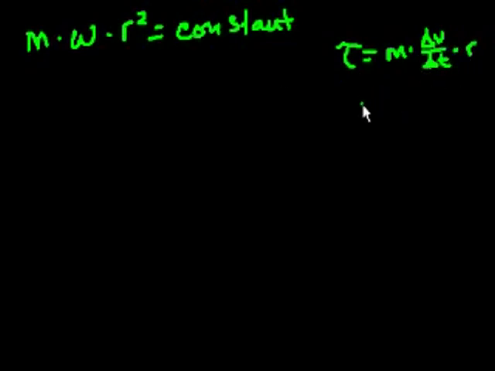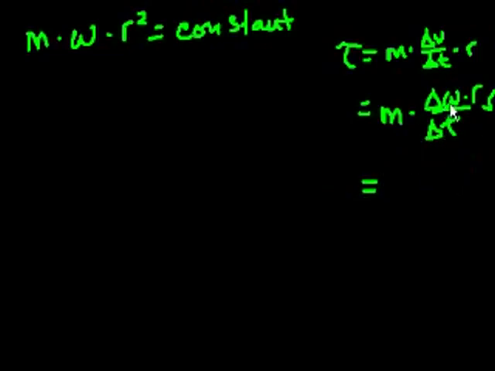And change in velocity is just the same thing as mass times change in angular velocity times r, over change in time, and then there's another r, that's this r, right? Because velocity is angular velocity times r, and we're assuming r doesn't change. So any change in velocity is just going to be a change in the angular velocity. And then we would get the same thing that we just got here.